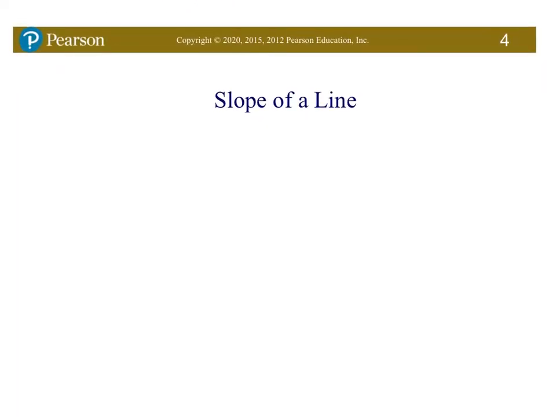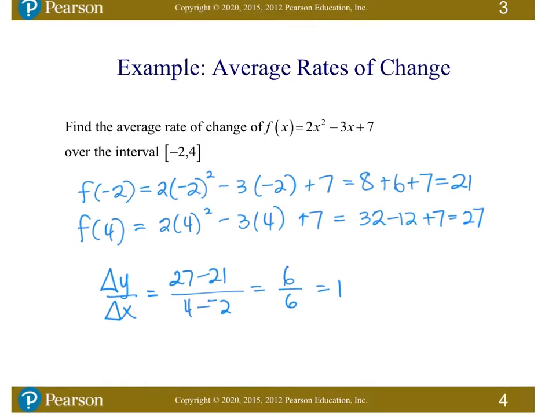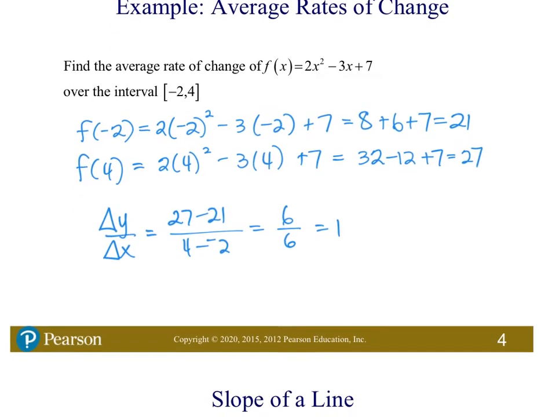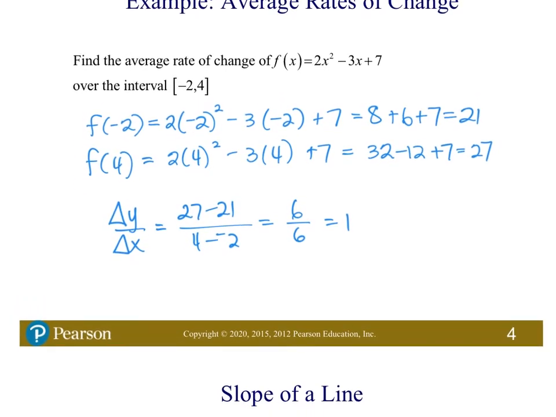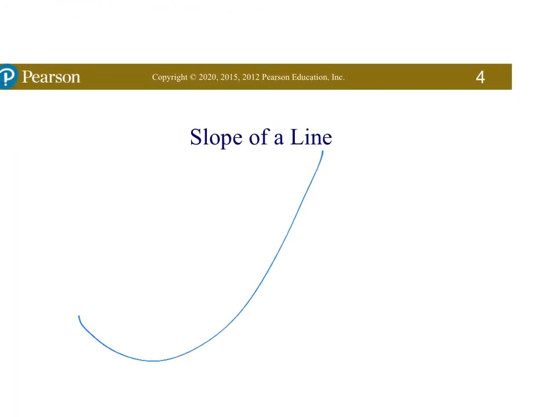So this completely relates to the slope of a line. If you're going to look at that visually, this curve here, a parabola going from 2x squared minus 3x plus 7 from negative 2 to 4, we're looking at the pieces of a parabola here. So the parabola itself, this is not drawn to scale, by the way. The parabola itself is totally curved, but we are finding the slope of the line that connects those 2 points.